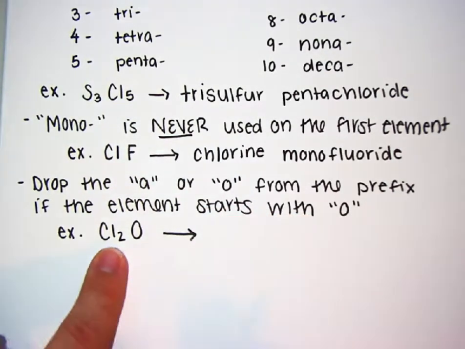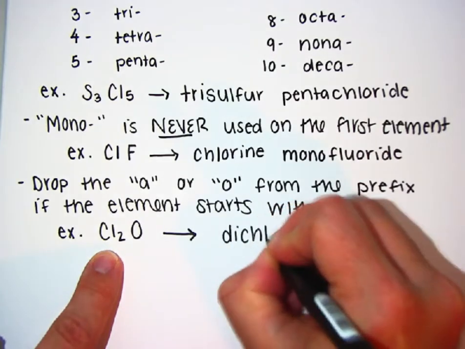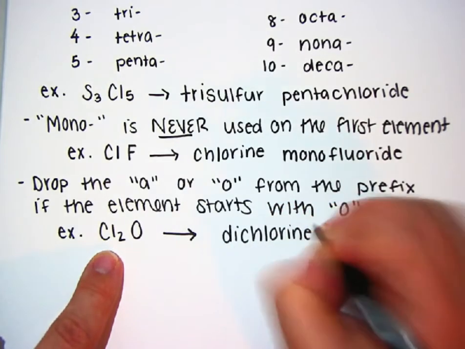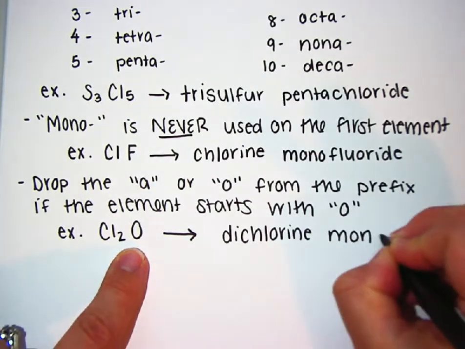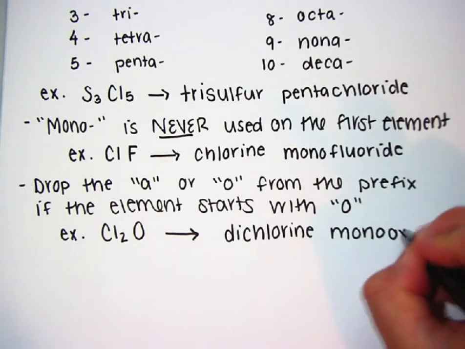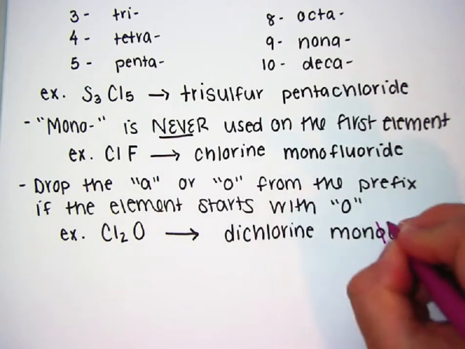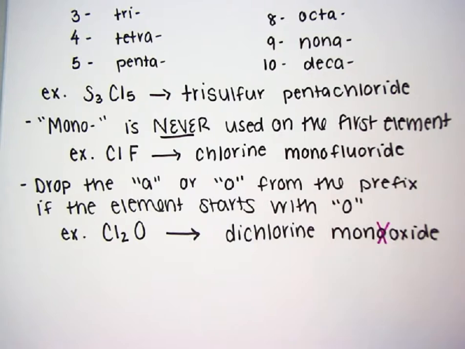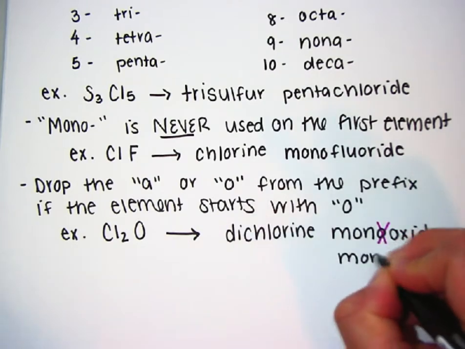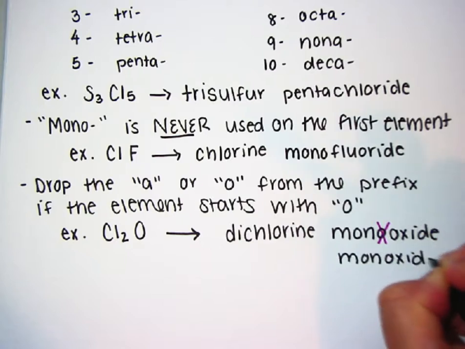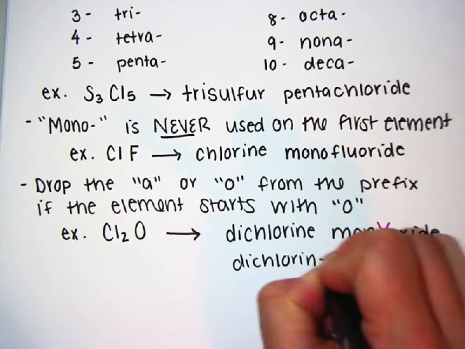So we'll use a prefix to indicate the number of atoms. The prefix for 2 is di. So this would be dichlorine. I only have 1 oxygen, and that prefix is mono. What we would want to do is drop this O. We don't want that double O. It's not going to be monoxide. So we're going to drop the O, and it just becomes monoxide. So this is dichlorine monoxide.